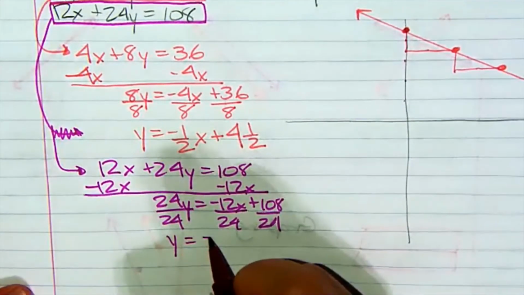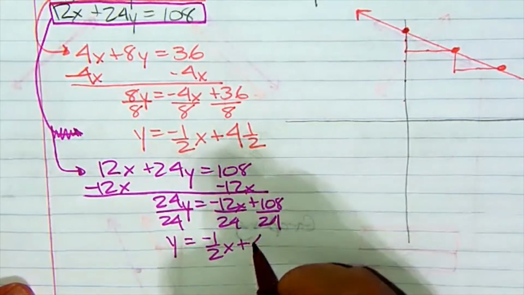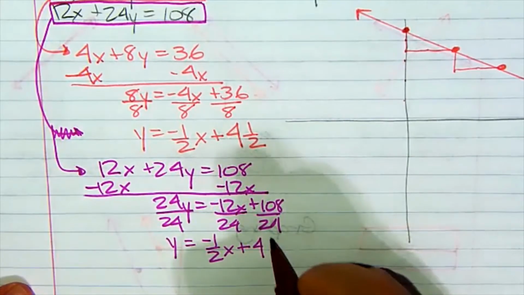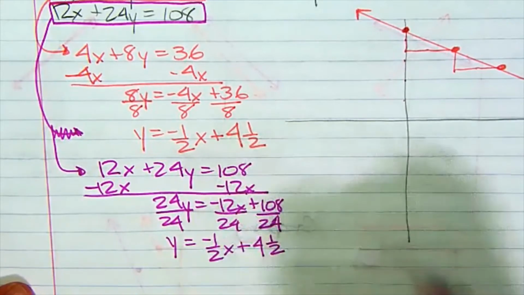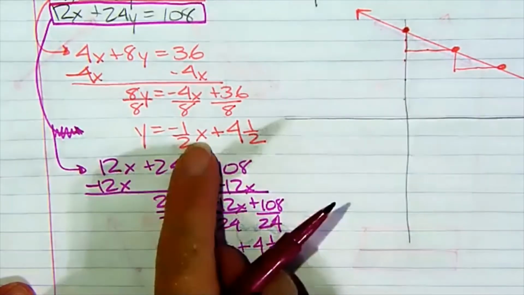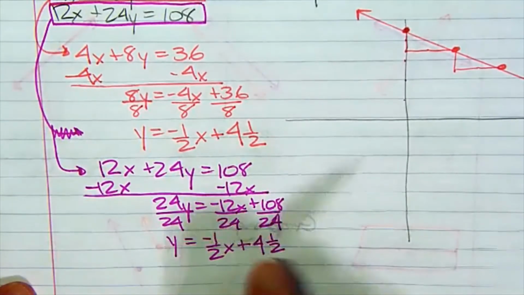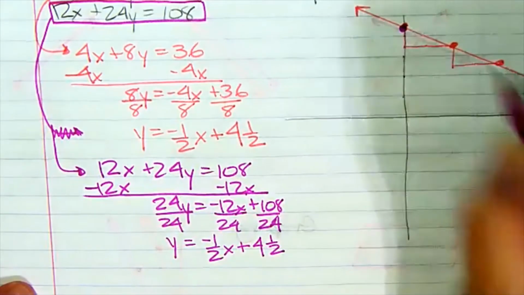Y equals negative 1/2 x plus 4 1/2. Oh, I can see this equation is exactly the same as this equation. My y-intercept is 4 1/2.